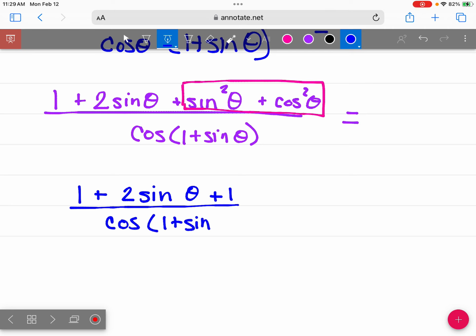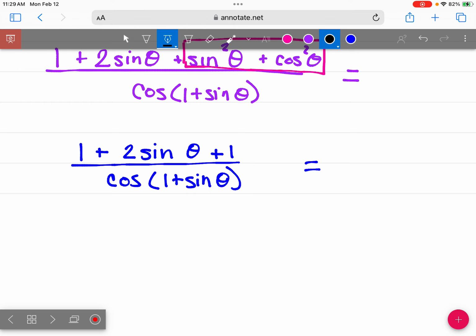And everything else stays the same. Then I'm going to combine some like terms in my numerator, and we get 2 plus 2 sine theta.